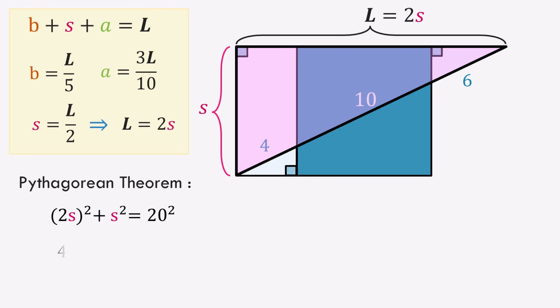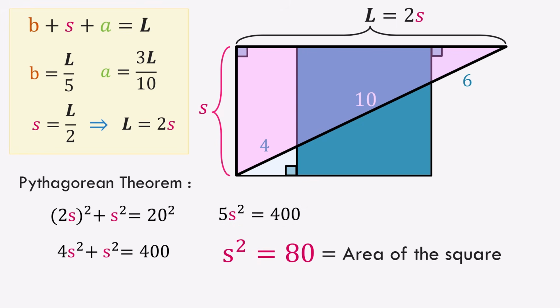Now simplify to 4S squared plus S squared equals 400. 5S squared equals 400. S squared equals 80. Since the question asked for the area of the square, and the area of a square is equal to the side length squared, we have found the area of our blue square.